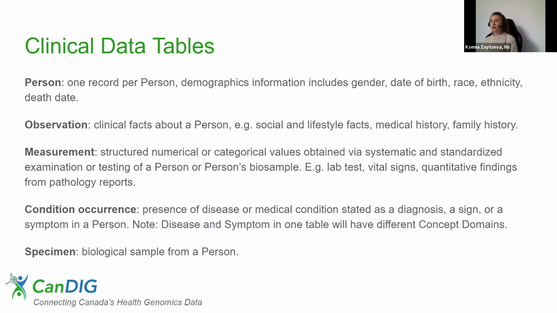So for example, if we have a disease that we record in the condition data table, besides the name of the disease, we will have a condition type concept, and this concept will say that this condition is of type disease, or in case of symptom, it will say that this condition is of type symptom.